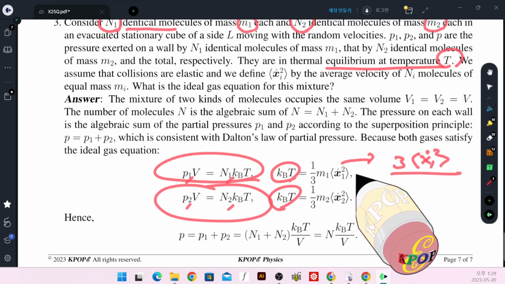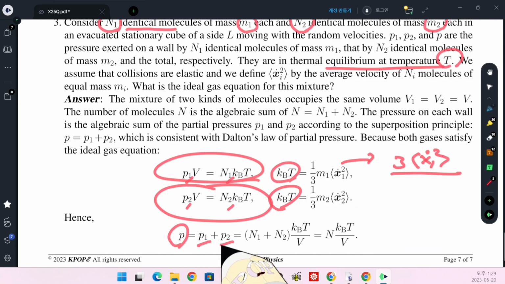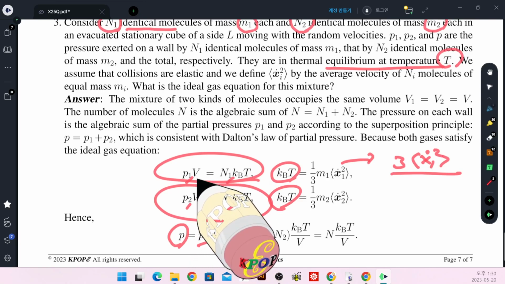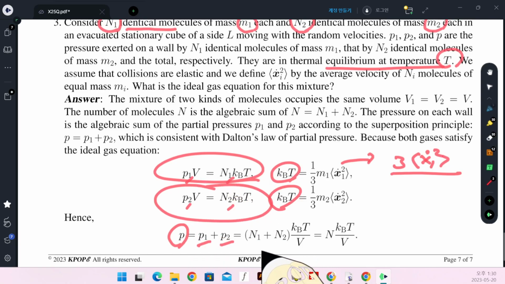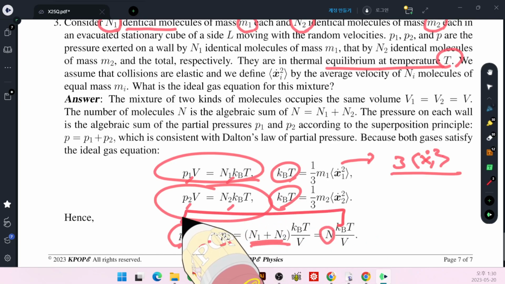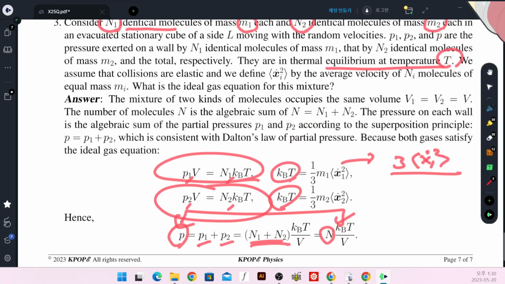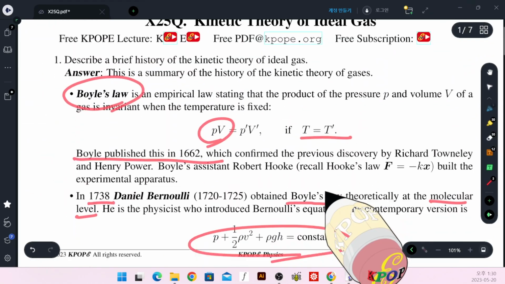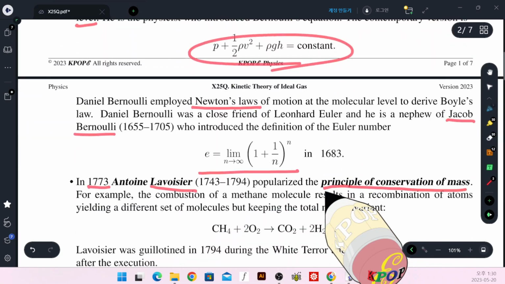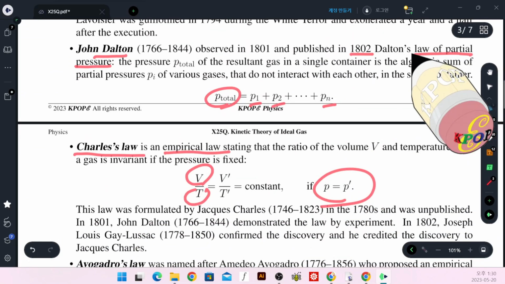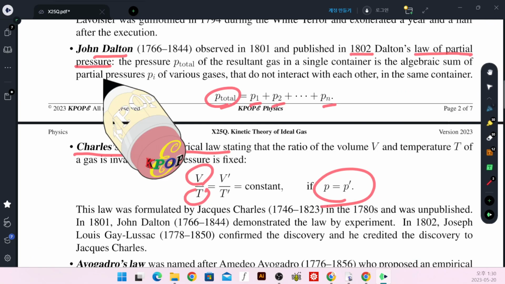So finally, the pressure is the sum of the partial pressures, and each pressure can be computed: N1 k_B T over V, N2 k_B T over V. We add them up to find the total number N of molecules. This satisfies the mixture of the gas. So this one is the simple explanation for the law of partial pressure by John Dalton.